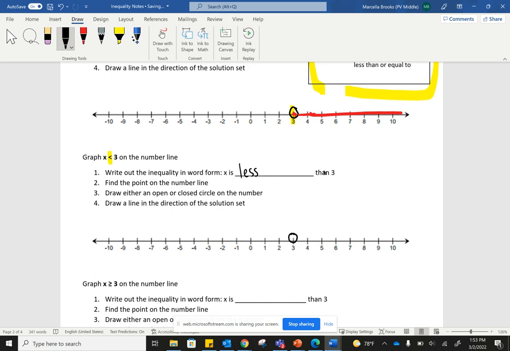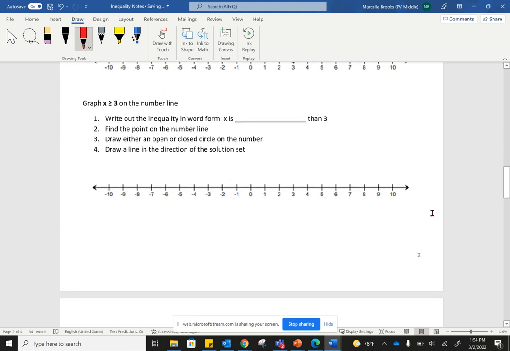And we shade in the direction of values that are less than 3. So what direction are values less than 3? It's where 2, 1, 0 is. So it's in that direction. Doesn't have to be a perfectly straight line, but try your best to make it perfect. So open circle, shade left.